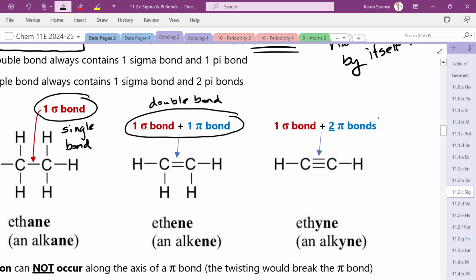A sigma bond and 2 pi bonds is a triple bond. So a bond always contains a sigma bond. You might have a pi bond or you might have 2 pi bonds.